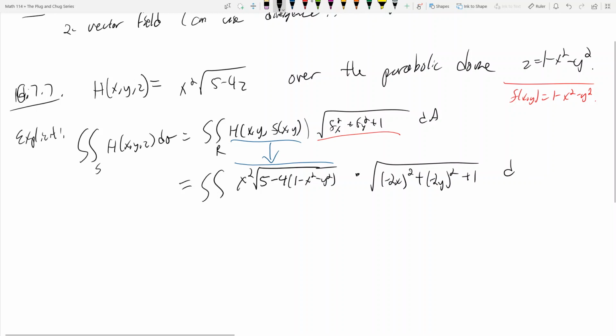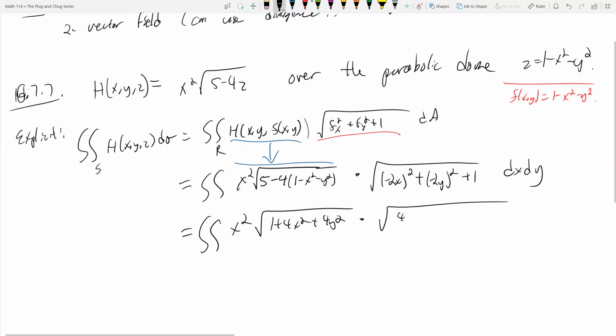So let's just say dx dy for now. And then you get a double integral. This becomes x squared times the square root of 5 minus 4, which is 1, plus 4x squared plus 4y squared. This becomes 1 plus 4x squared plus 4y squared. And this is multiplied by 4x squared plus 4y squared plus 1, which is the exact same thing as these two guys.